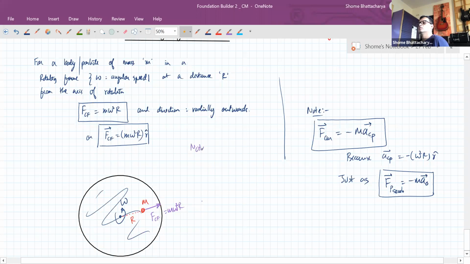Now, this m omega square r can also be written as m v square by r, where v is r omega.